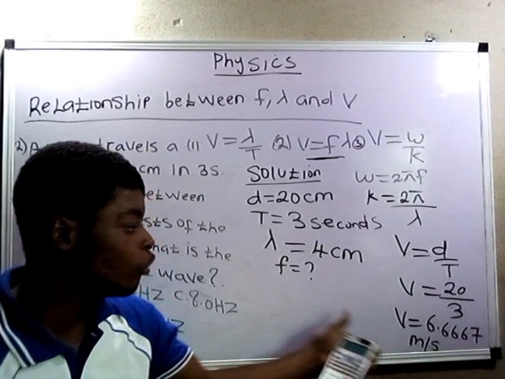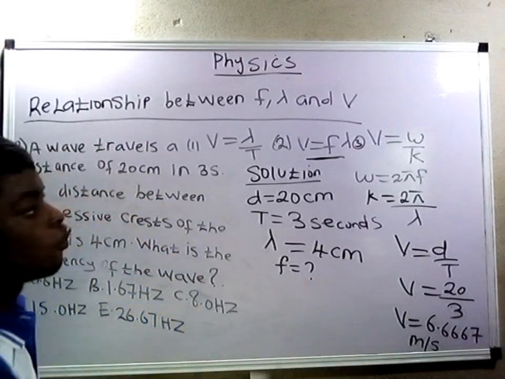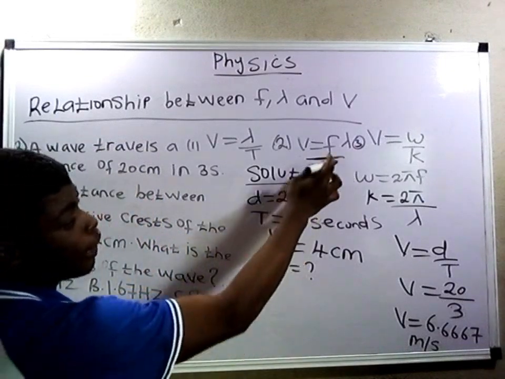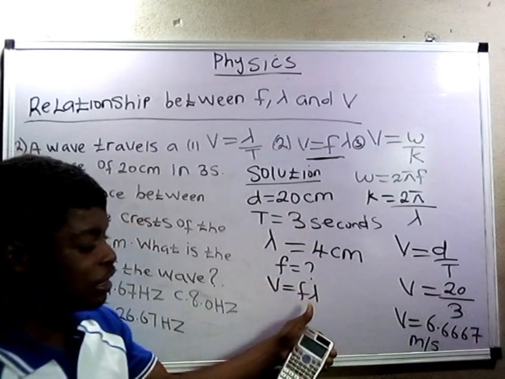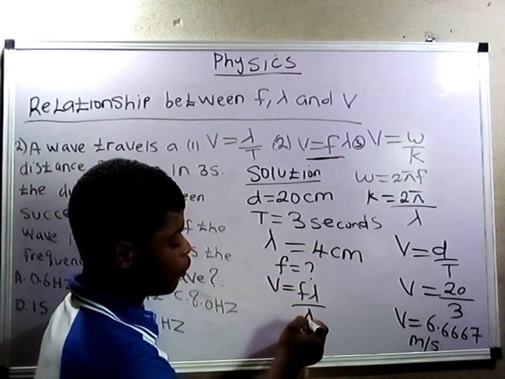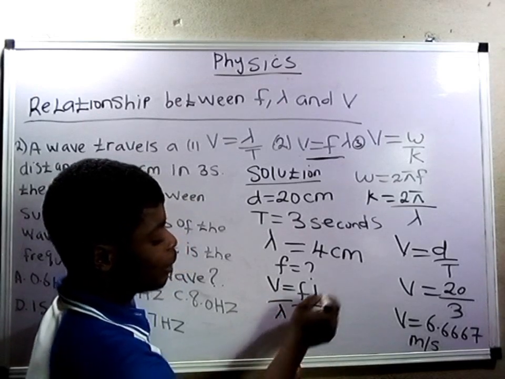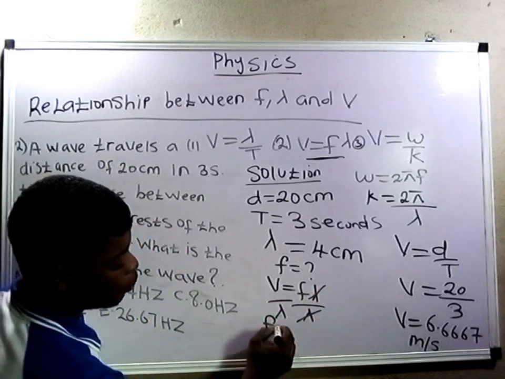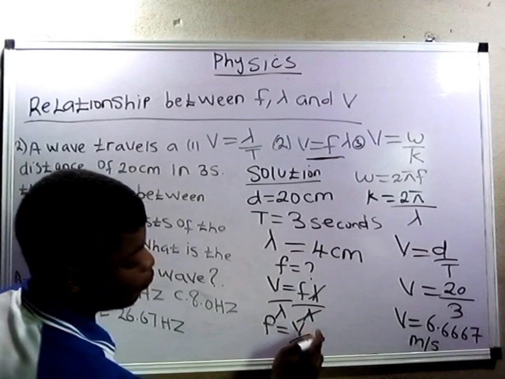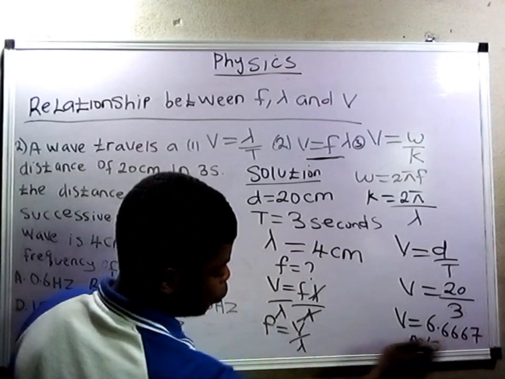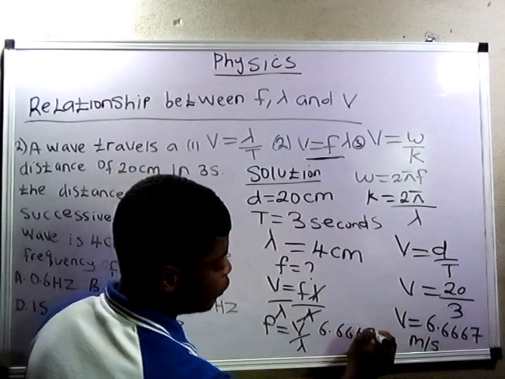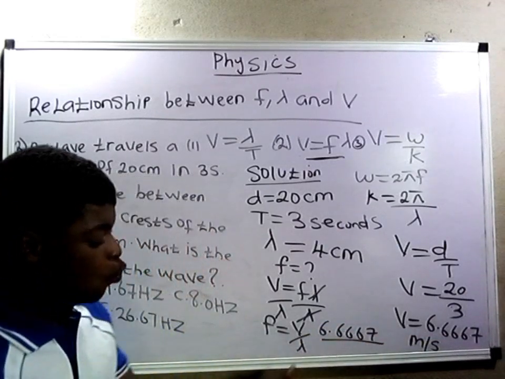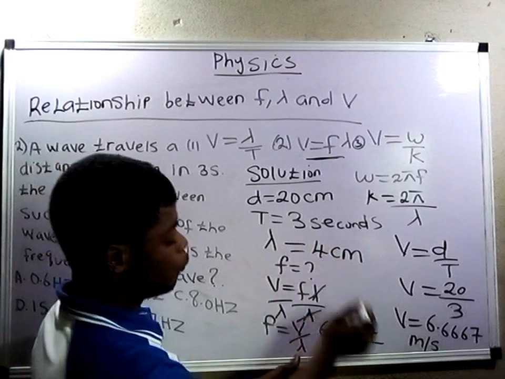We are not done yet. We have to look at the frequency. From the formula, v equals frequency times lambda. To get our frequency, we divide both sides by lambda, so lambda cancels lambda, and frequency therefore equals v over lambda. What's your v from the question? It was 6.6667, over what's your lambda from the question? 4.